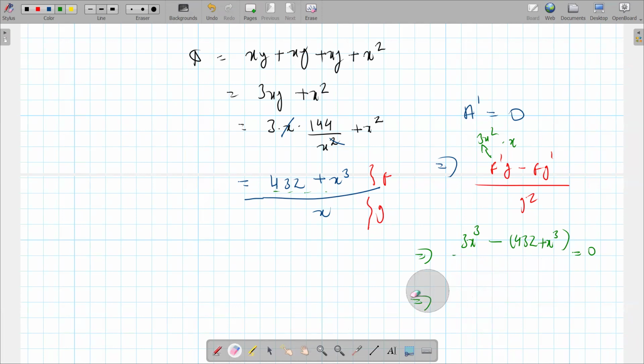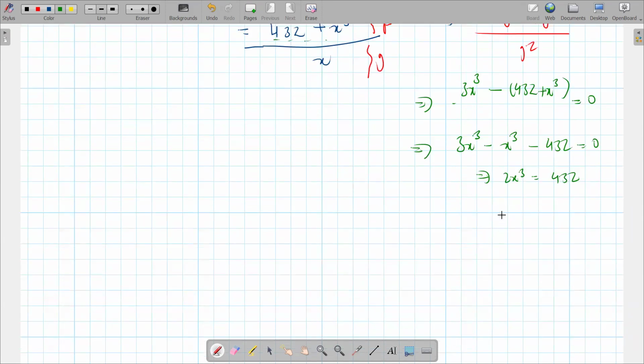And now let's open that bracket. We can collect the like terms. It'll be 3x cubed minus x cubed minus 432 equals 0. 3x cubed minus x cubed, 2x cubed equals 432. X cubed equals 216. 36 times 6 is 216.